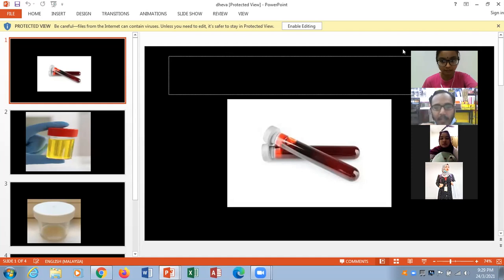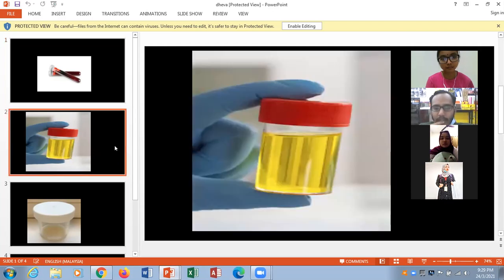Then the blood will be sent to the laboratory for processing. Okay guys, now we can move to the next. This is urine.